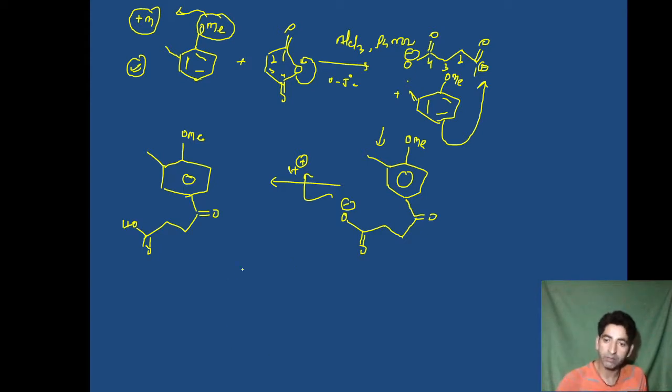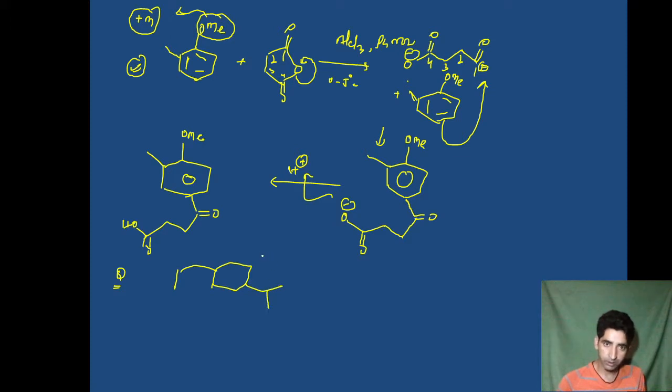Now let me take one of the most important examples, and this example is also from a very important book. This example is from Clayden as well. So let me take this type of example. This is also very important.